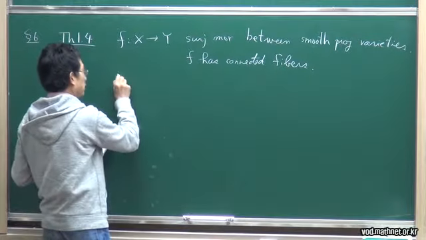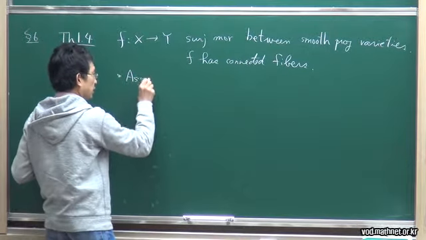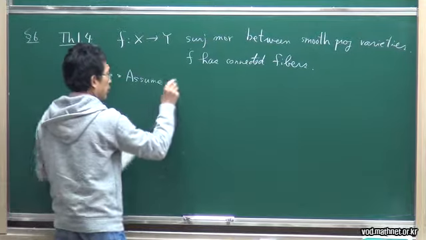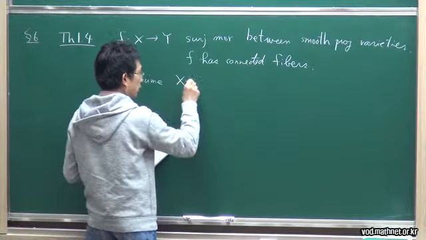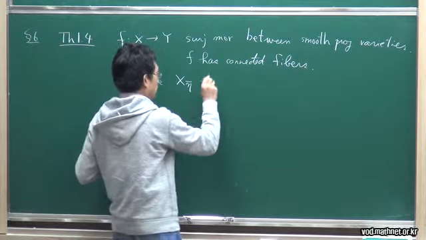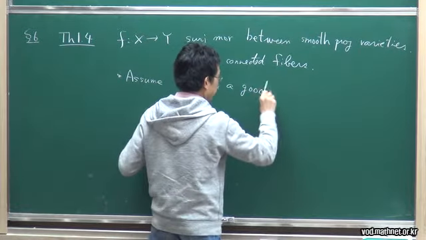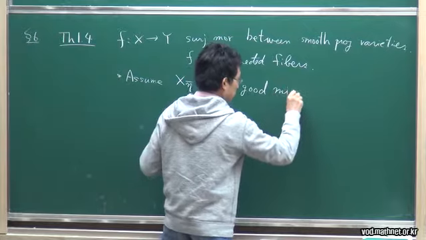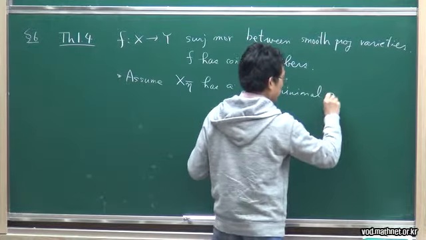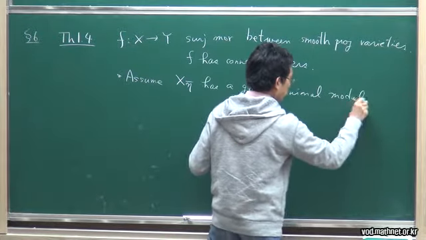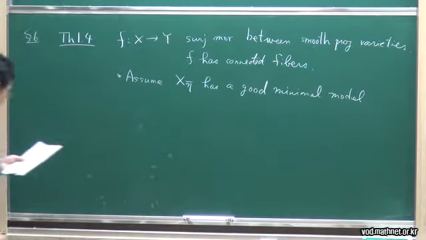We assume, this is an assumption, that the geometric generic fiber of this map has a good minimal model. This is an important assumption.